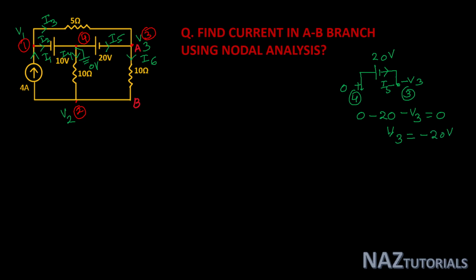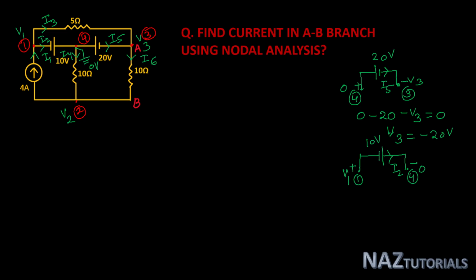Now let's see another source, the 10 volt source, which is connected between node 1 and node 4, assuming the branch current is I2, with node 1 at V1 volt and node 4 at 0 volt according to the current direction. This is our plus terminal and this is the minus terminal.